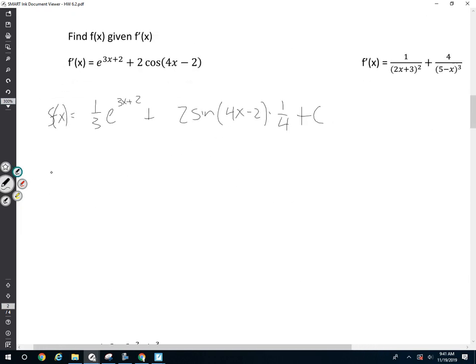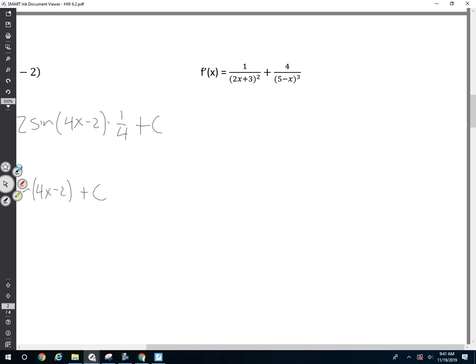Let's rewrite this a little bit. All right, these are great ones. To be able to do this, we are not going to use logs.